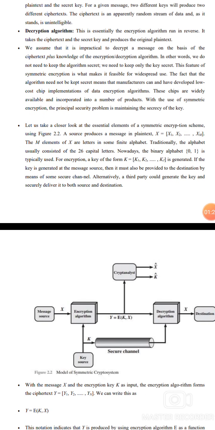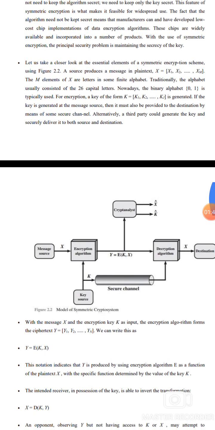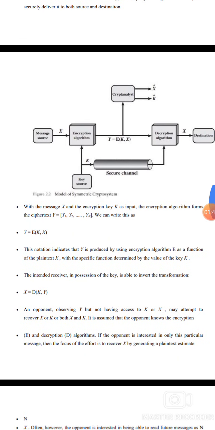We assume that the opponent can decrypt the message on the basis of the ciphertext plus knowledge of the encryption and decryption algorithm. We do not need to keep the algorithm secret; we only need to keep the key secret, which makes symmetric encryption feasible for widespread use. Let us see the diagram.